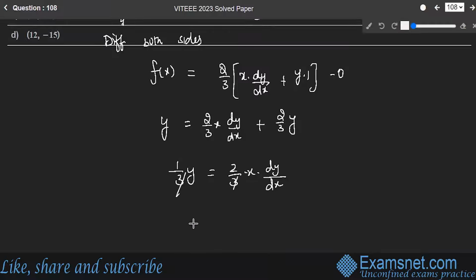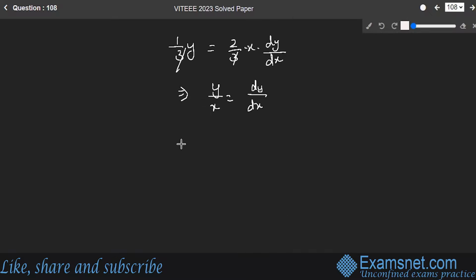This and this will get cancelled, and you will have y upon x is equal to dy upon dx, which will give you 1 upon x dx is equal to 1 upon y dy. I missed this 2. This 2 will remain on the y side.